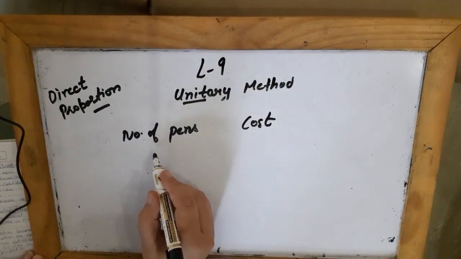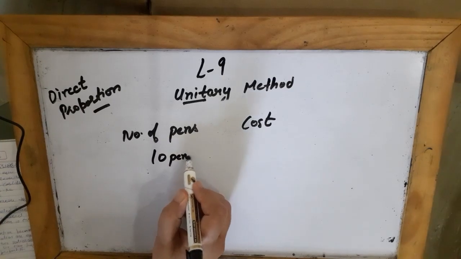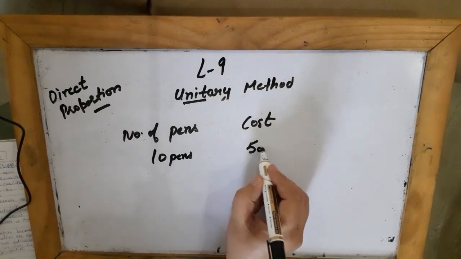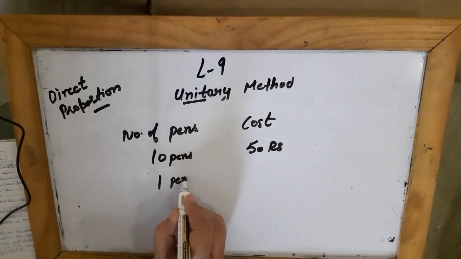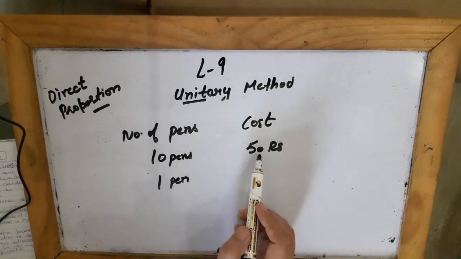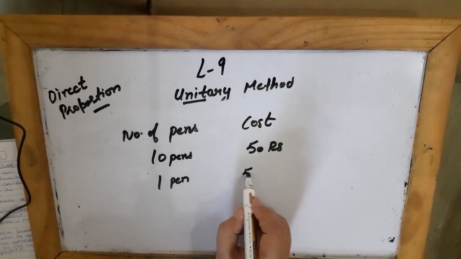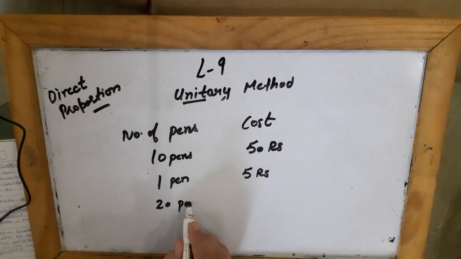If I have 10 pens, the cost of 10 pens is 50 rupees. So what will be the cost of one pen? The cost of one pen will be 50 divided by 10, means 5 rupees, right? Now if I want 20 pens, what will be the price of the 20 pens?